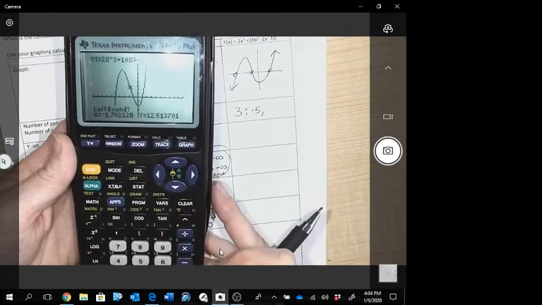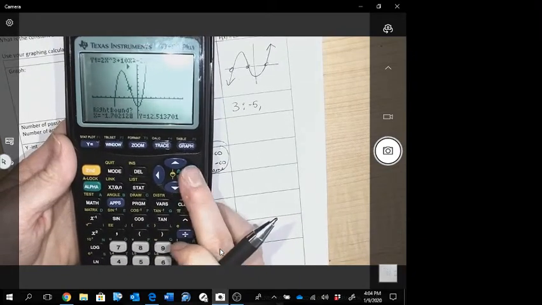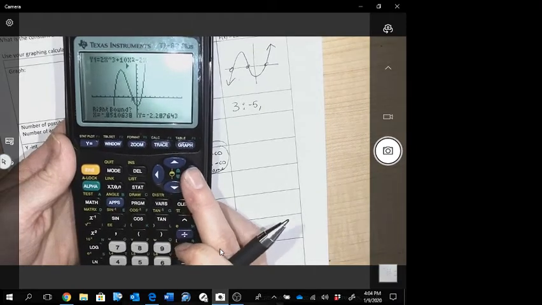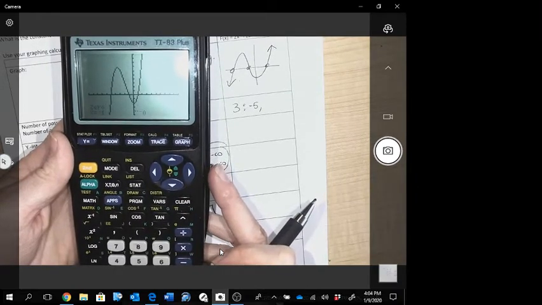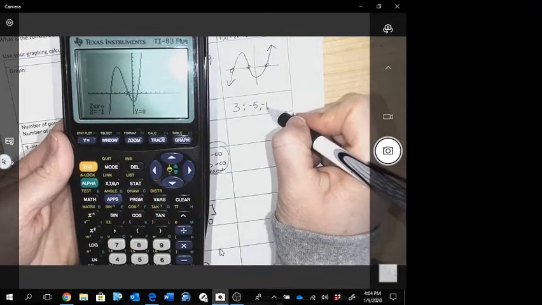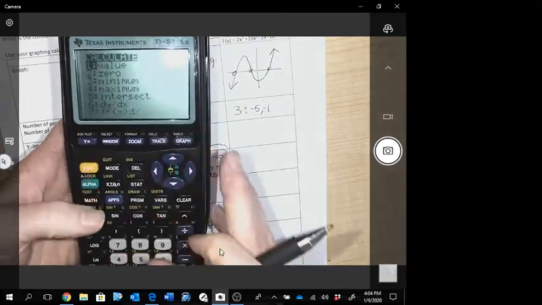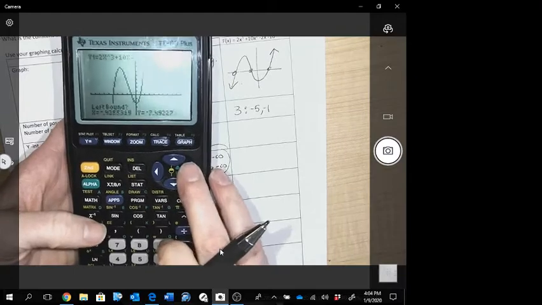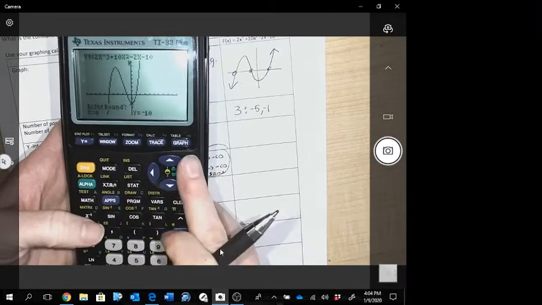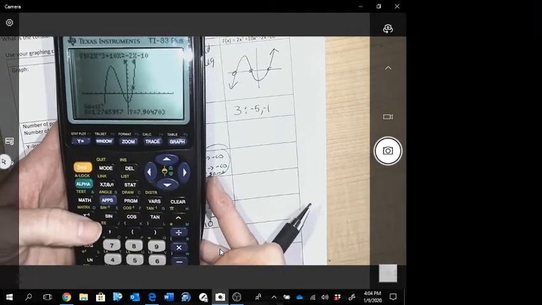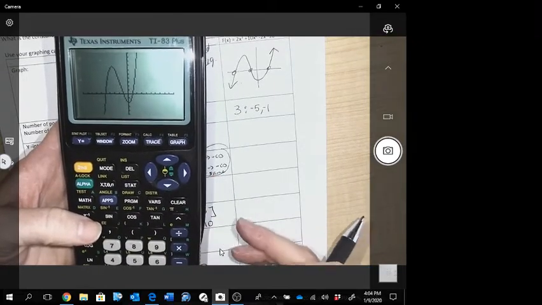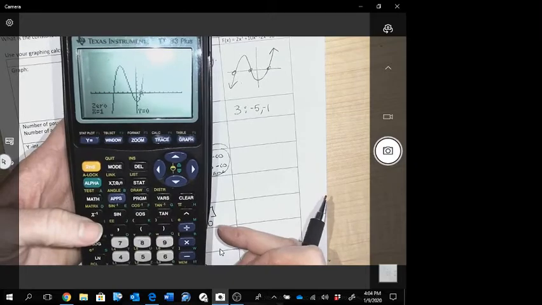Okay, good. I'm left of it. Enter. Move right. Enter, enter again, and I'm at -1. And then calculating the last one, left, move, right, and then enter a third time, and then you can see it's at 1.